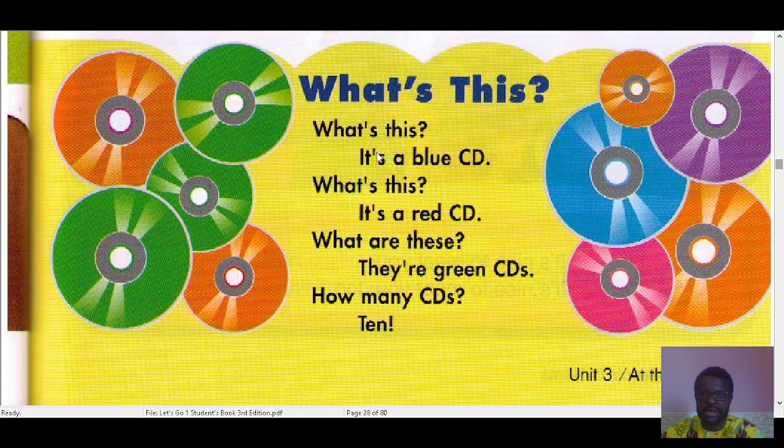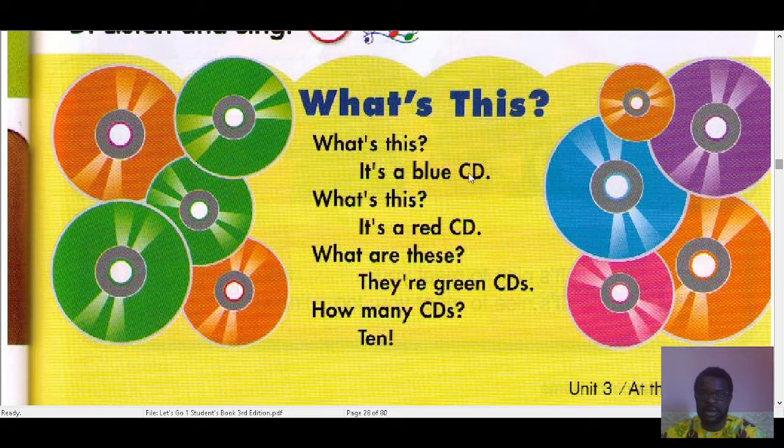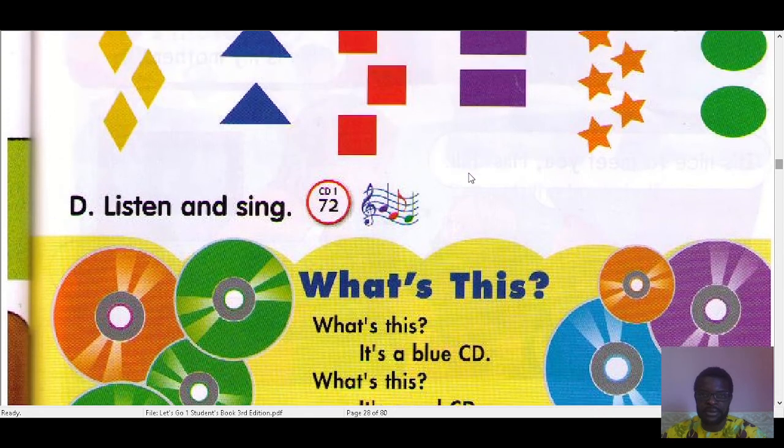And as you can see, it here is our subject. We have our is, which is our verb. Then a blue. Blue is our adjective telling us about CD. CD is a noun. So you see we have a noun, we have a verb, then we have a noun again. So noun plus verb plus noun. Okay? So let's go up and see.